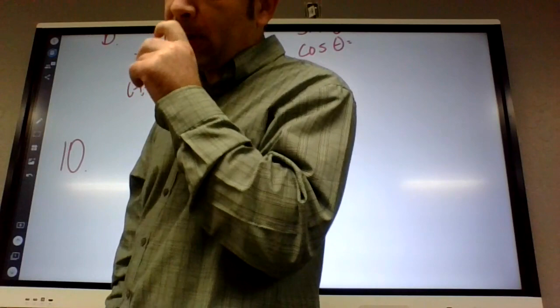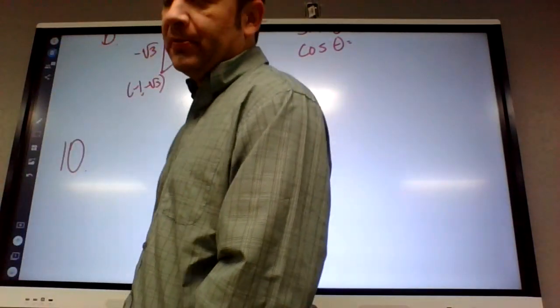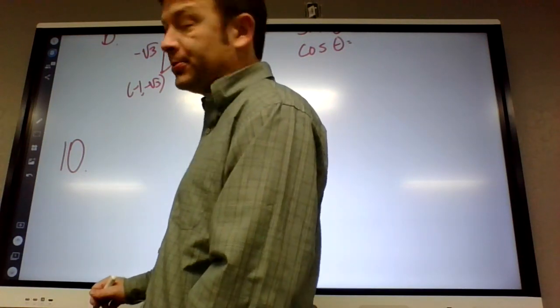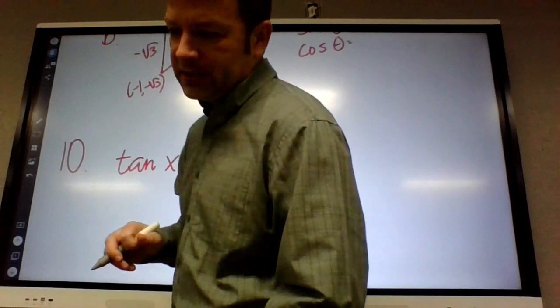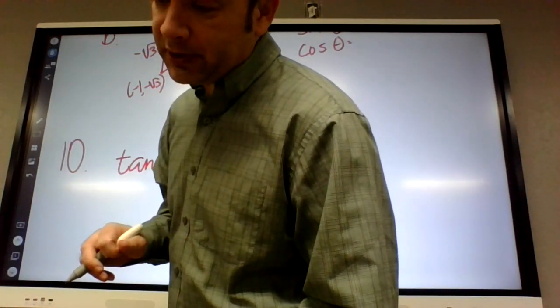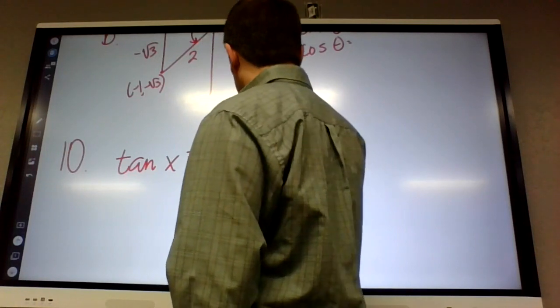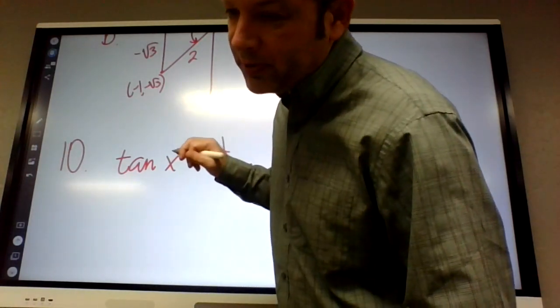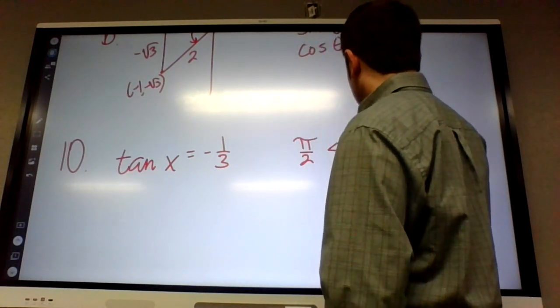Okay, so number 10 says tangent of x is equal to negative 1/3, and x is supposed to be between pi over 2 and pi.